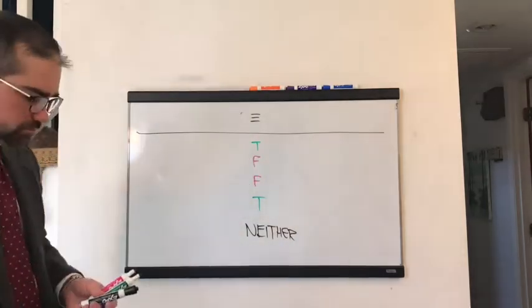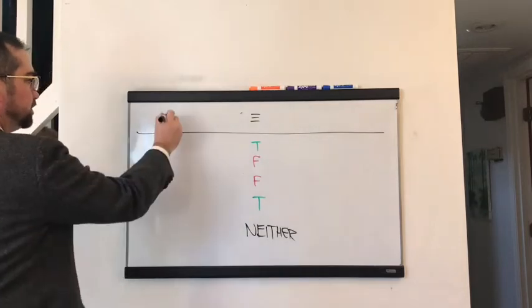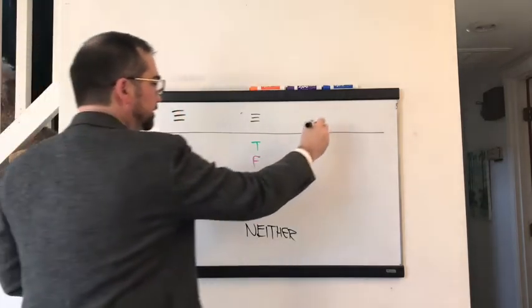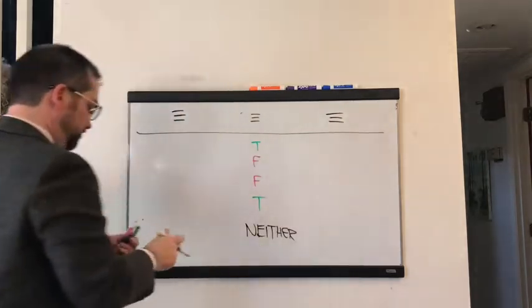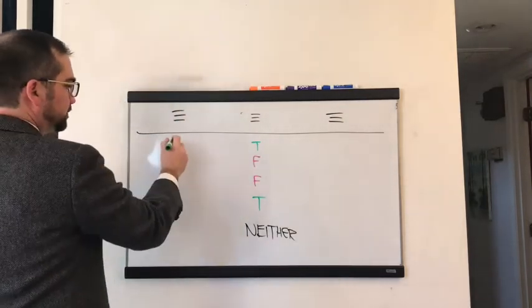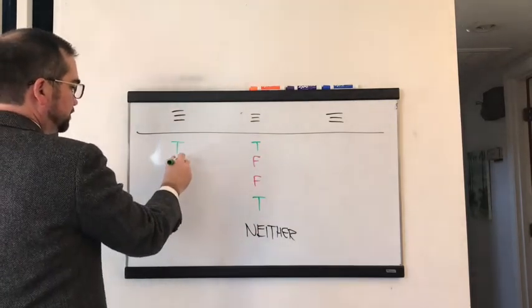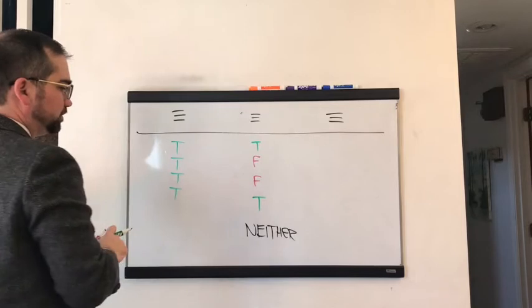All right, so there's a couple of other things that could have happened with the biconditional. If we get all trues in the rows, like let's say we had other arguments, and you always have the biconditional in the middle, but let's say we got true, true, true, and true.